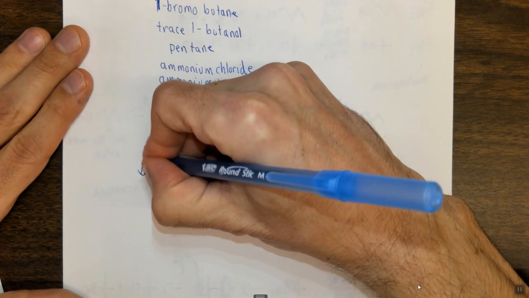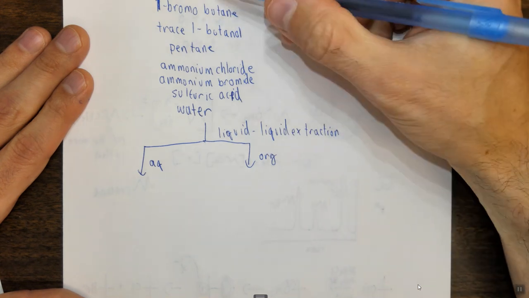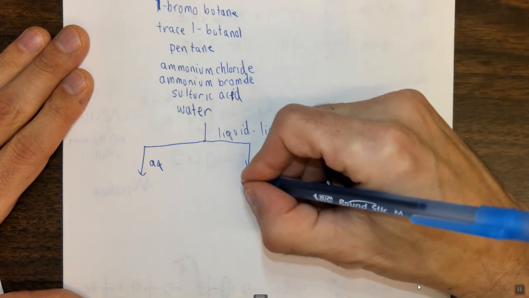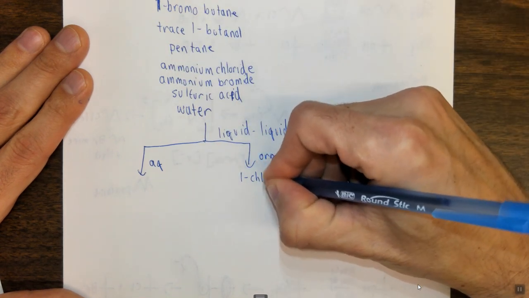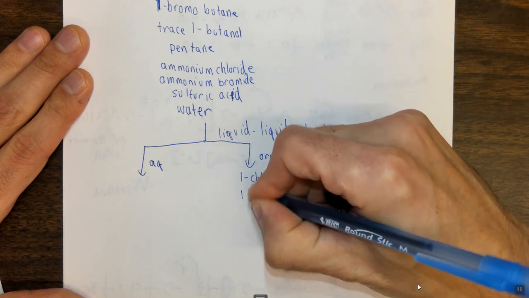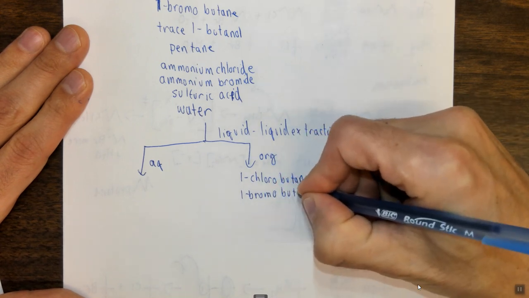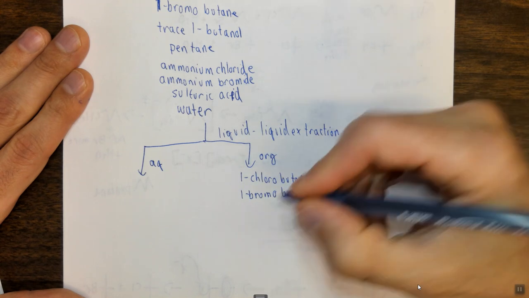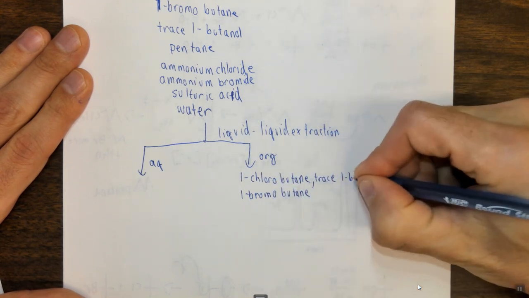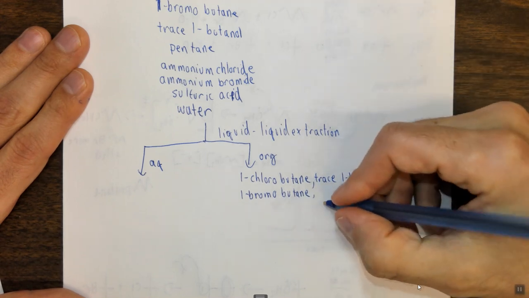And we're going to have 2 layers, aqueous and organic. So in our organic layer, we're basically going to have all of our organic stuff. So 1-chloro butane, 1-bromo butane, if you want, trace 1-butanol, pentane.